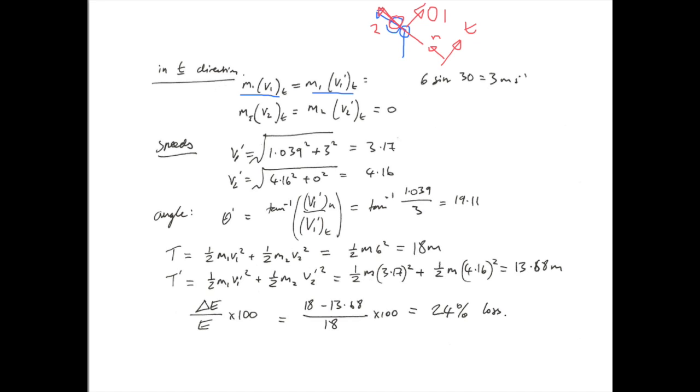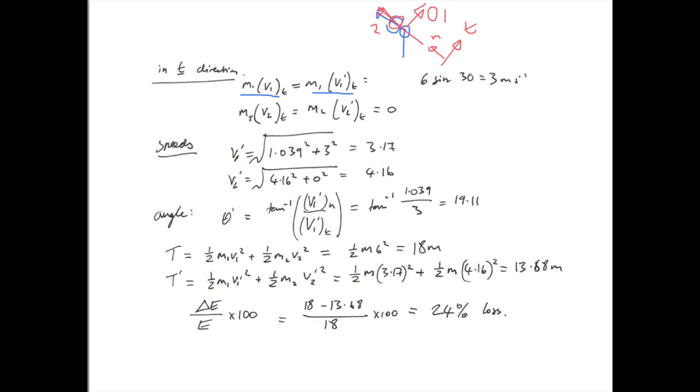So for the motion of the second particle, m2 times v2t is equal to m2 v2 dash t, which is equal to 0. So there is no momentum of particle 2 in the tangential direction. Particle 1, however, we can work out its momentum in the tangential direction as 6 sine 30, giving 3 meters per second.